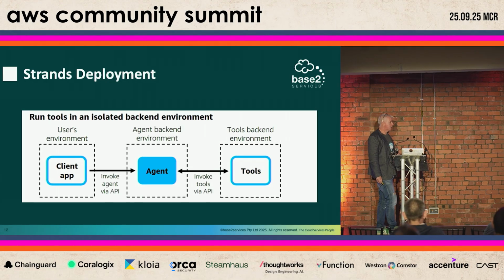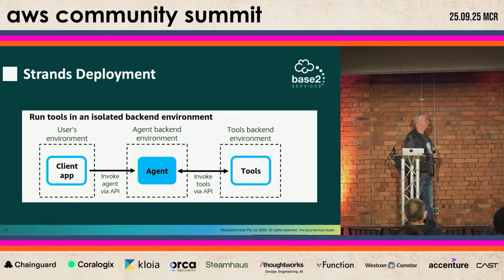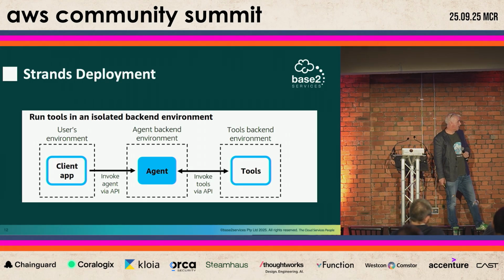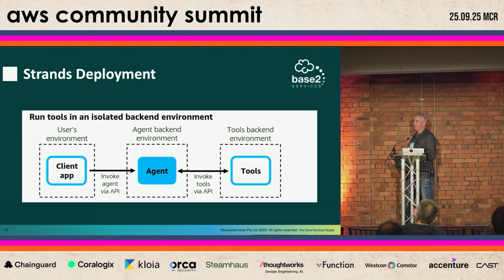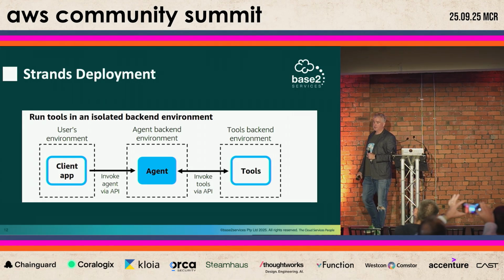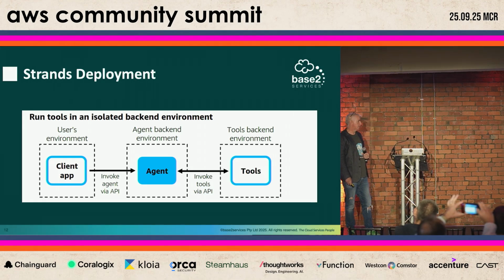Another one is where everything's isolated, right? We've got the client app, we've got our agent, and then our agent is calling tools remotely. Typically a remote tool would be something where you've given the agent access to an API that it's calling, and that tool is running somewhere else.